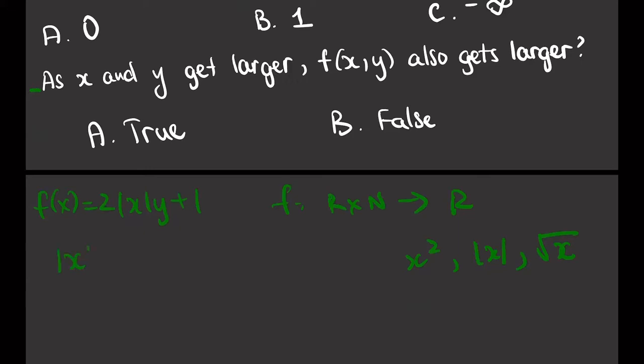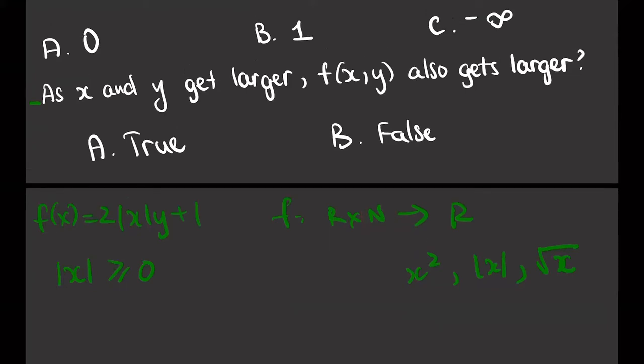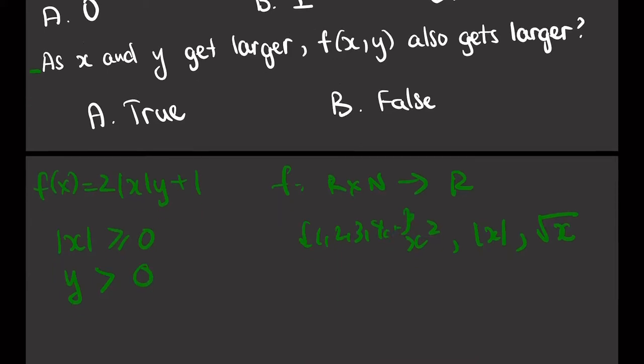So I have absolute value of x is greater than or equal to 0. And look at here, y is a natural number. And a natural number is 1, 2, 3, 4, dot, dot, dot. So it is also greater than 0. So absolute value of x times y is greater than or equal to 0.